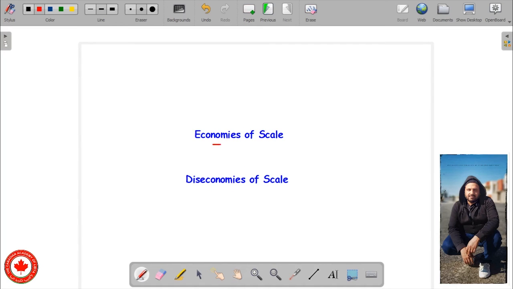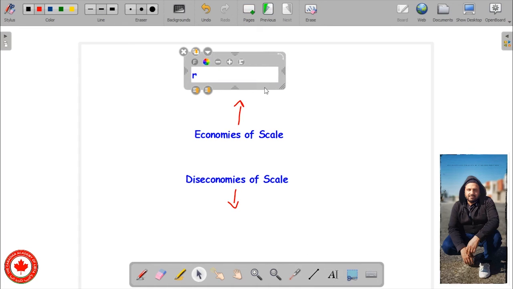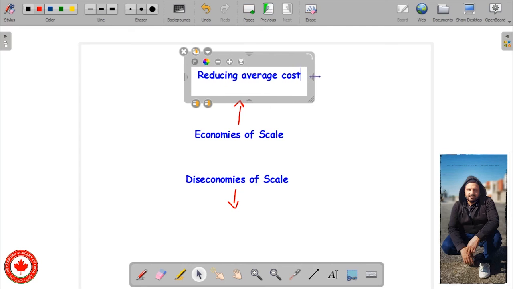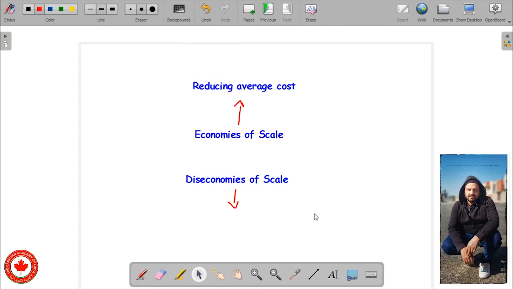Economies of scale are factors of reducing average cost, while diseconomies of scale are factors of increasing average cost.